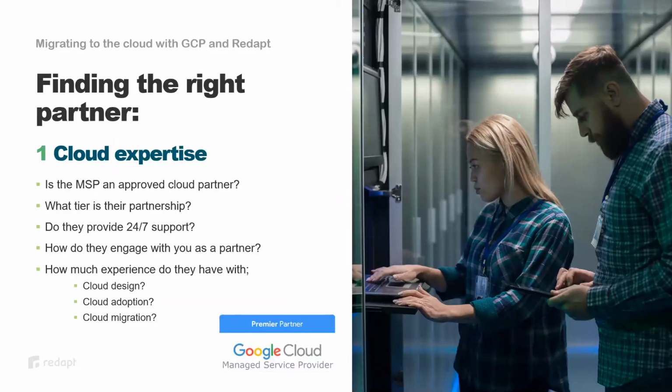So when you're looking to move into the cloud, you want to find the right partner. There are a few questions that you should ask when you're looking at partners. The first one: is this managed service partner an approved cloud partner? Believe it or not, there is an approval process for the cloud so that you can show your competence and meet the levels of expertise that are required to truly adopt the cloud correctly and appropriately for your environment.